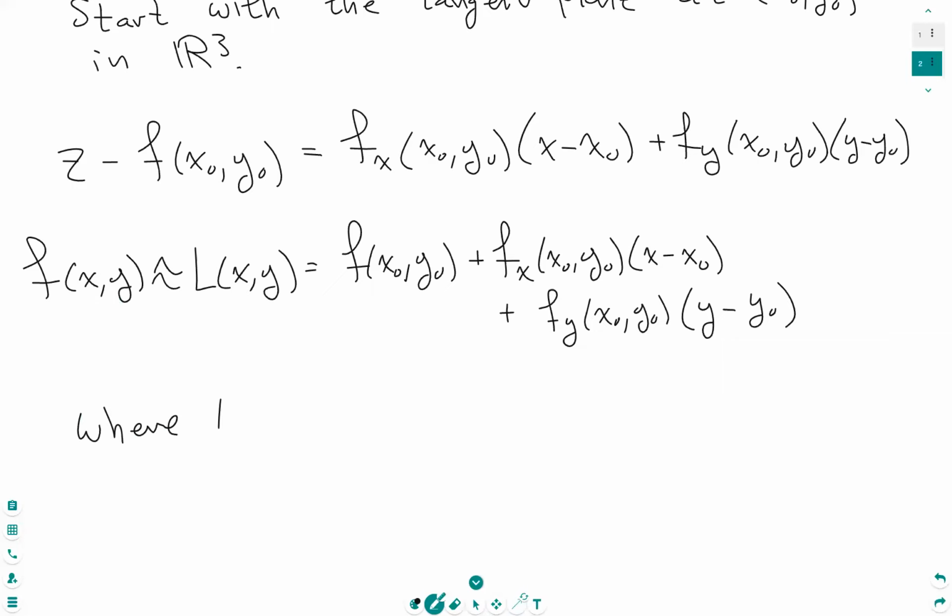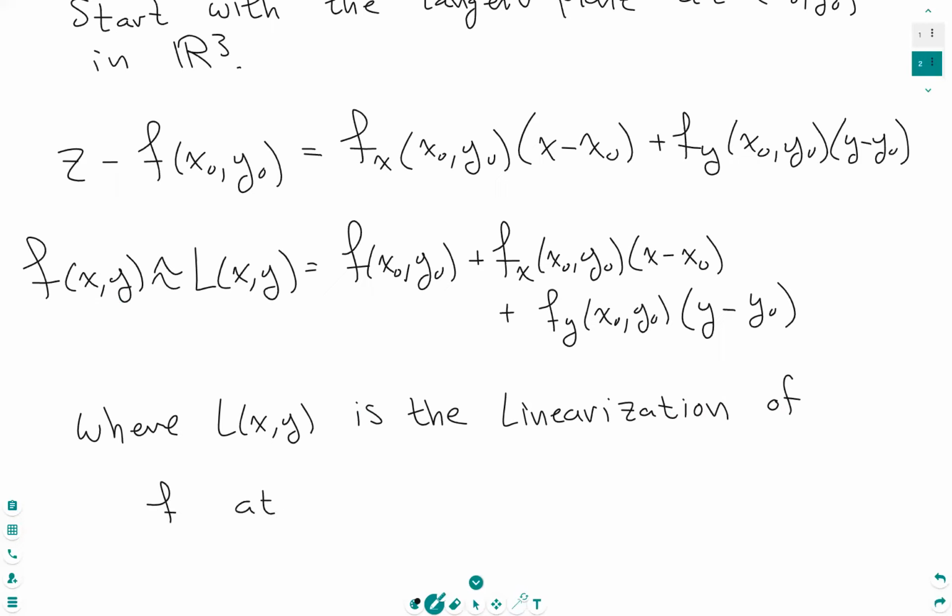So where L is the linearization of f at x naught, y naught. It is a function of x and y, because here they are, and they show up in here.